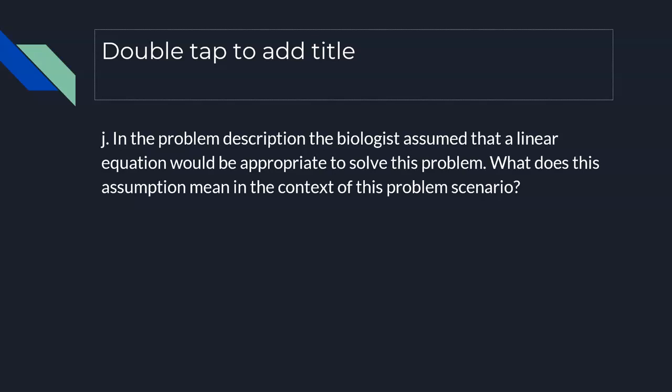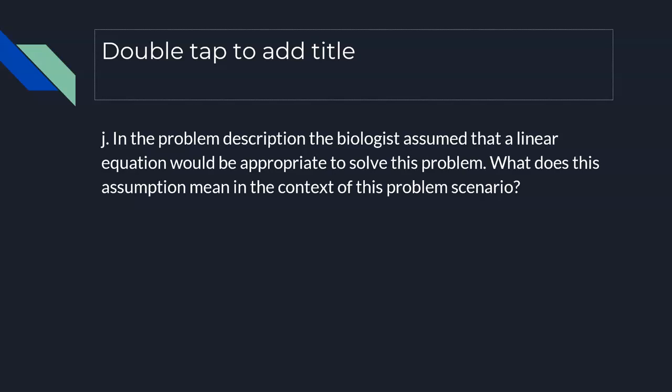And the last one, in the problem description, the biologist assumed that a linear equation would be appropriate to solve this problem. What does this assumption mean in the context of this problem scenario? With this type of problem, linear equation word problems usually involve some sort of rate of change or steady increase or decrease based on a single variable. With this, it was given from the problem.